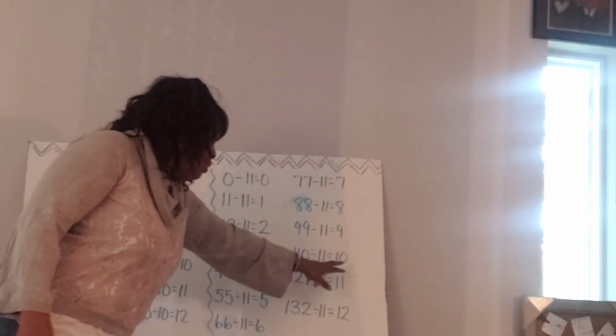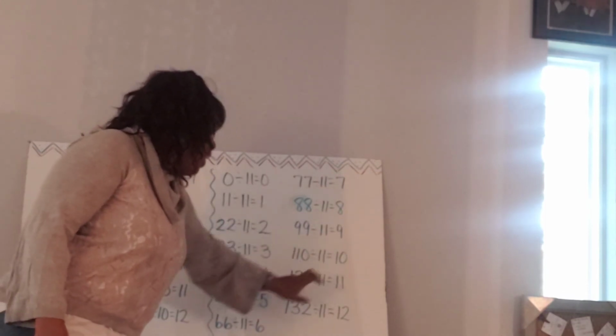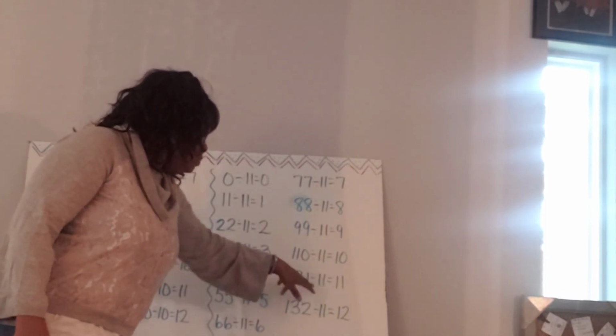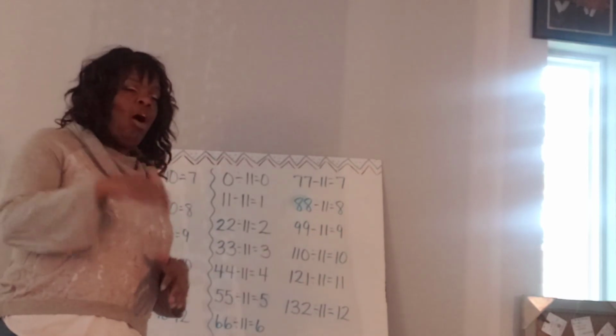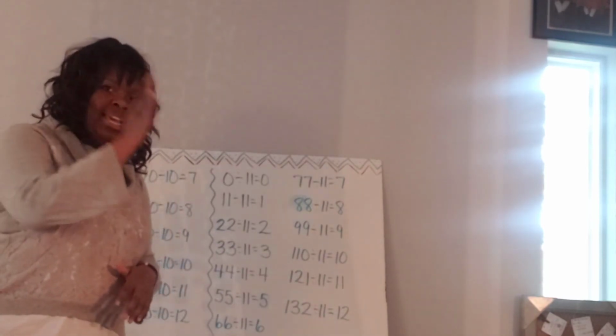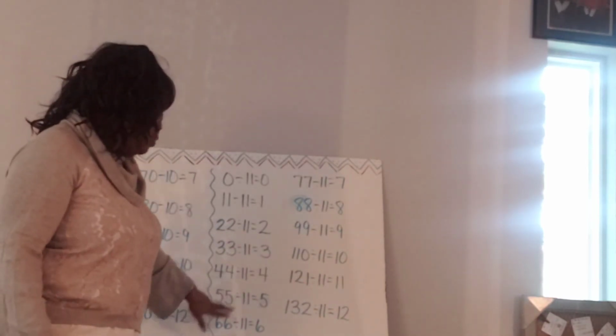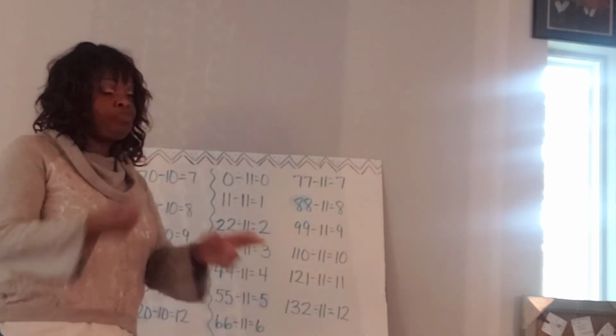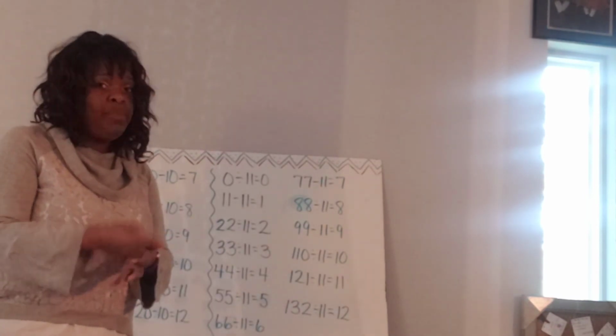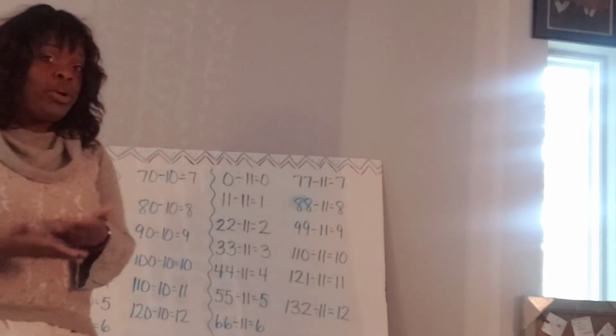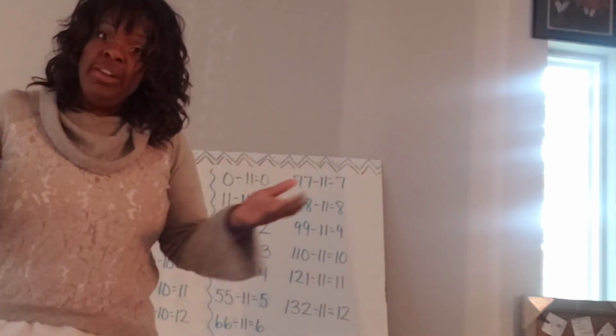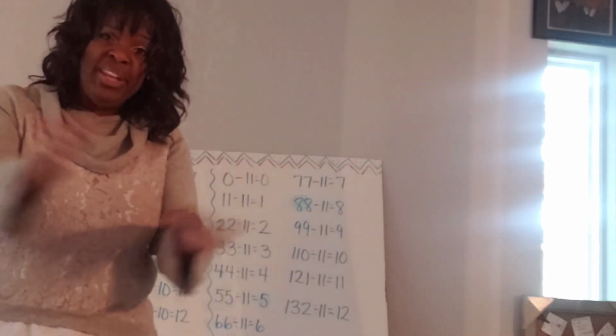We took the 0 or the other 1 away, we took the 2 away. So all you're doing is taking those extra double numbers away. So think carefully when you do your 11 division table and your 10 division table. But if you know your 10 and 11 multiplication, your 10 and 11 division are going to be no problem.